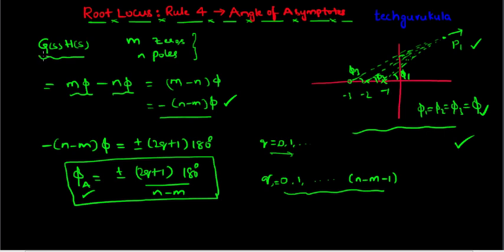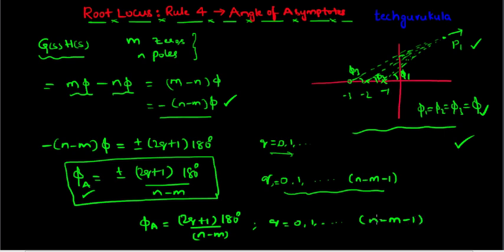So finally, let me write the final formula: phi a equals (2q plus 1) times 180 degrees divided by (n minus m), where q can take values 0, 1, and so on, up to n minus m minus 1.